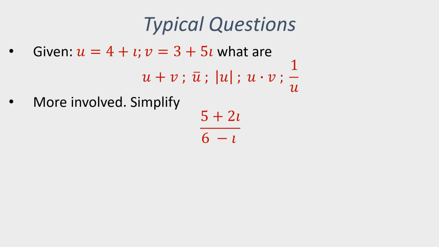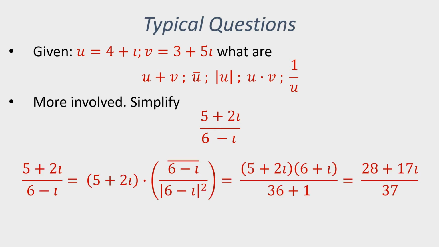In order to do that, that's really just combining multiplication and division. So in order to simplify this expression, it's just 5 plus 2i multiplied by the result of 1 over 6 minus i.